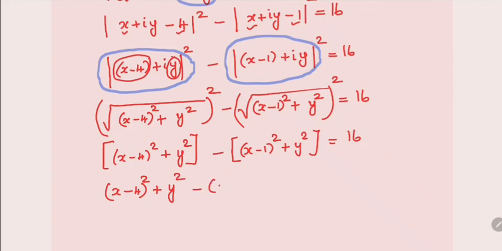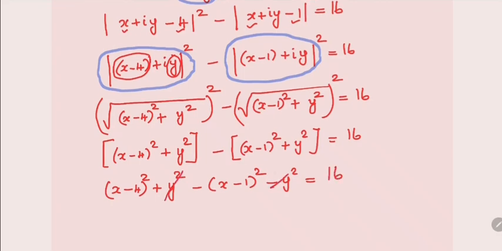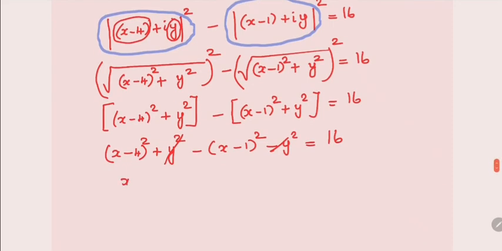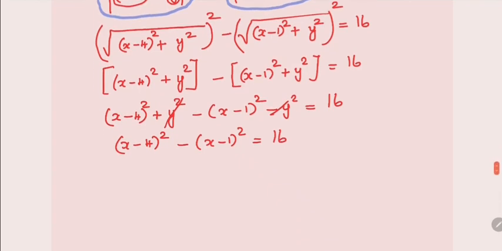So minus of x minus 1 the whole squared, and minus into plus, so minus y squared, is equal to 16. Okay, this plus y squared and minus y squared get cancelled. So here you will have x minus 4 the whole squared minus x minus 1 the whole squared is equal to 16.